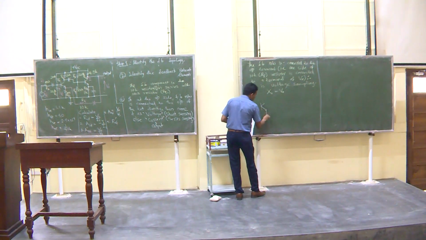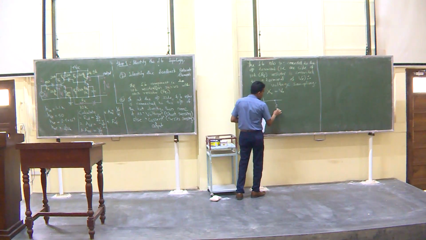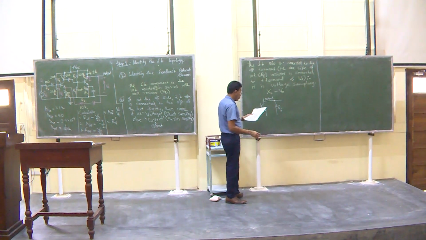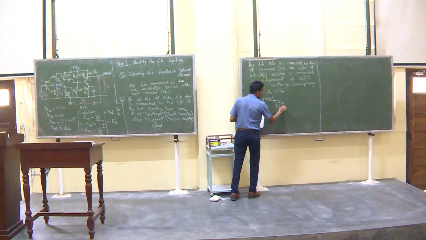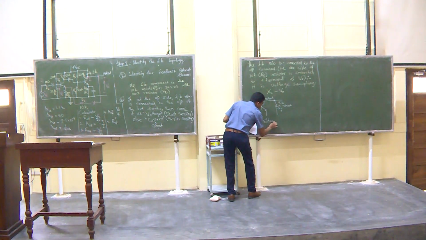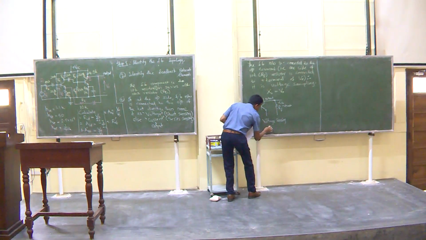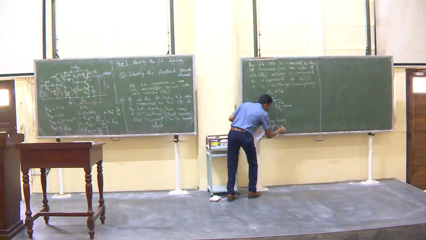One is, this is the output. If the feedback resistor is connected here, that is the output, right. So we call this the feedback network. This is voltage sensing. In other words, output is a voltage.